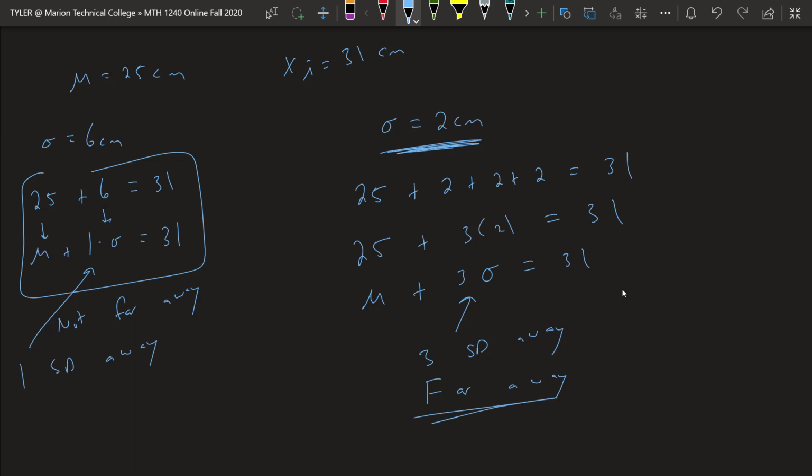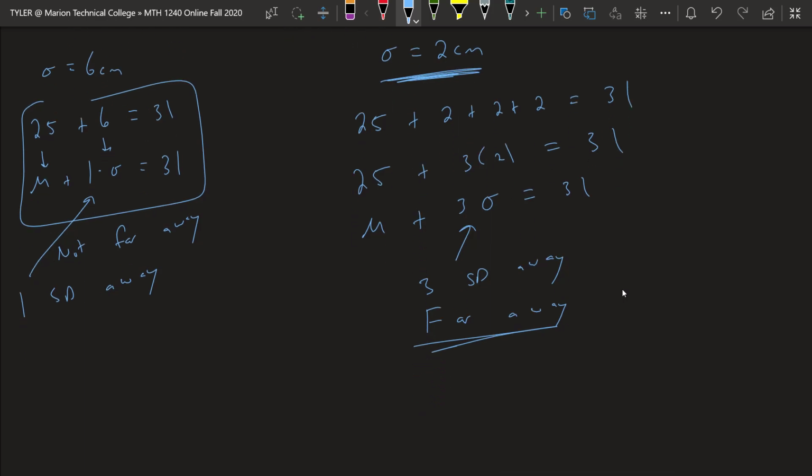So this concept will make more sense after we look at the next learning objective, because we'll look at what's called the empirical rule. But the general rule of thumb is, if you're anywhere from 0 to 2 standard deviations away, this would be typical or not far away.